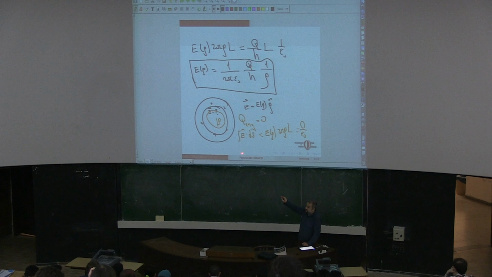And the outer cylinder has electric charges on its inner surface. So whatever electric field line starts from the inner shell terminates on the outer shell.